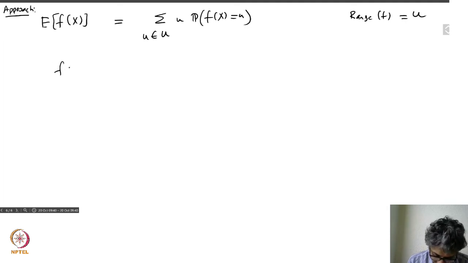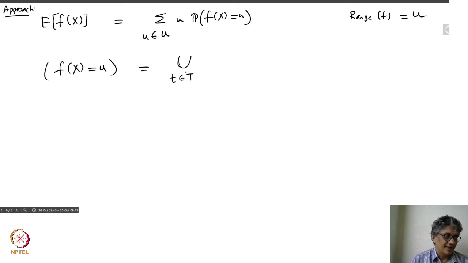Now observe the following: the event f(X) equals u is the same as the set of all sample points for which f(X) equals u. To get these, I take the union over all t in f inverse of u of the events X equals t.